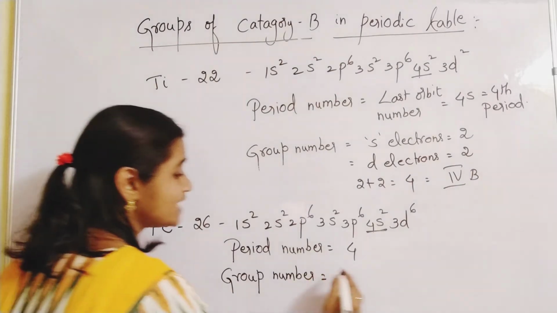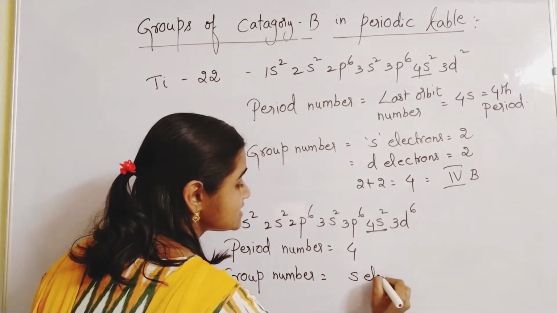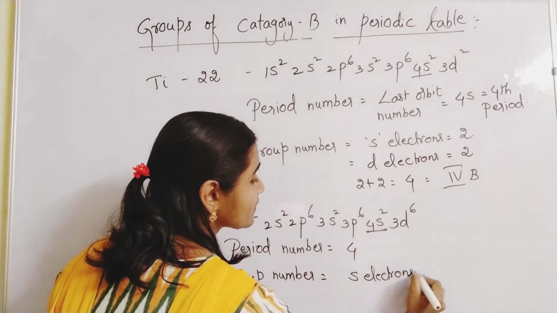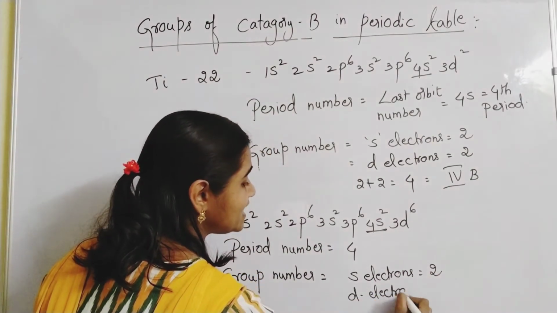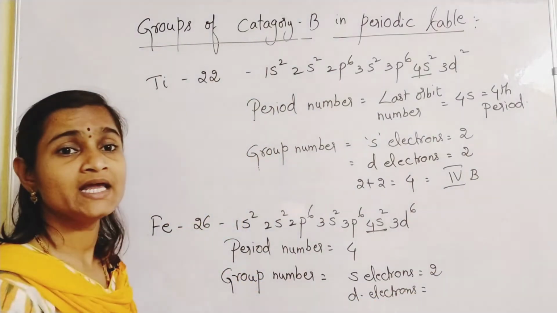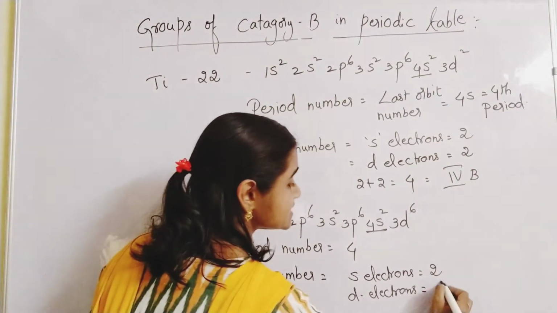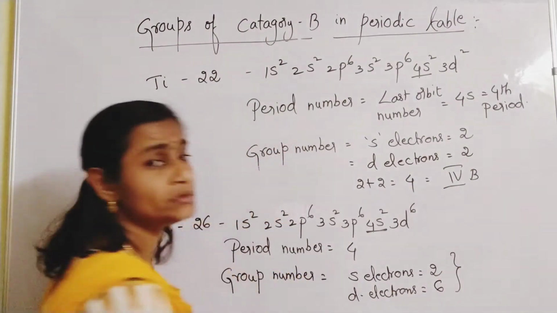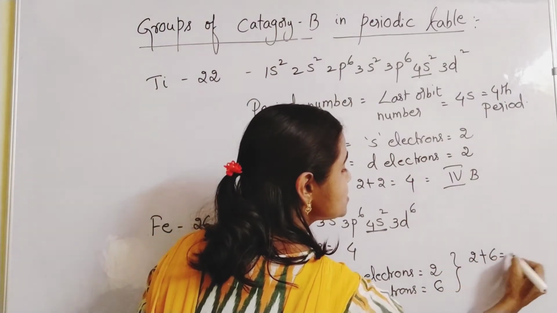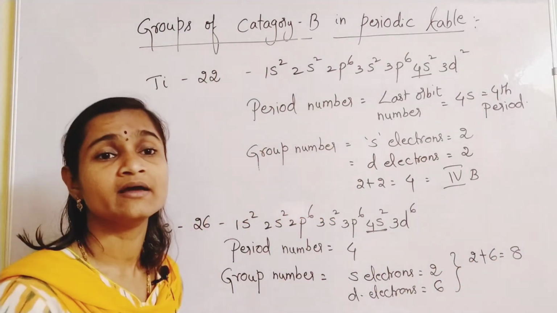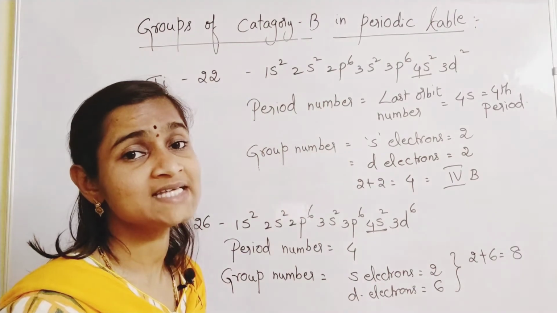S electrons how many? 2. D electrons of last but one shell how many? 6. I am asking you to add those. So 2 plus 6, how much are you getting? 8.